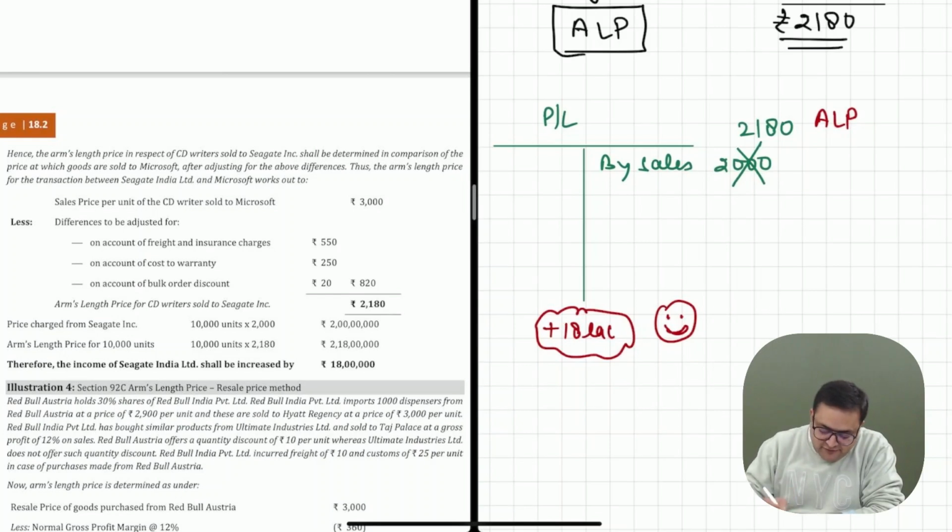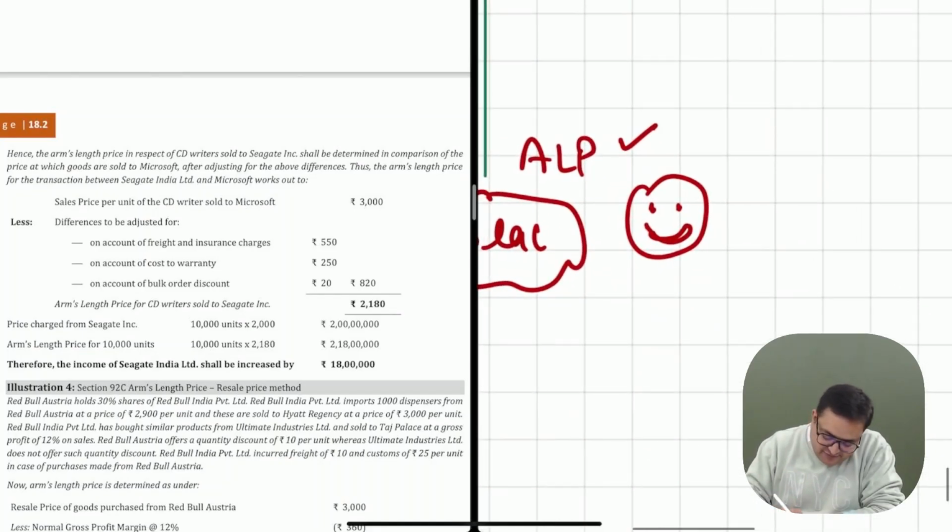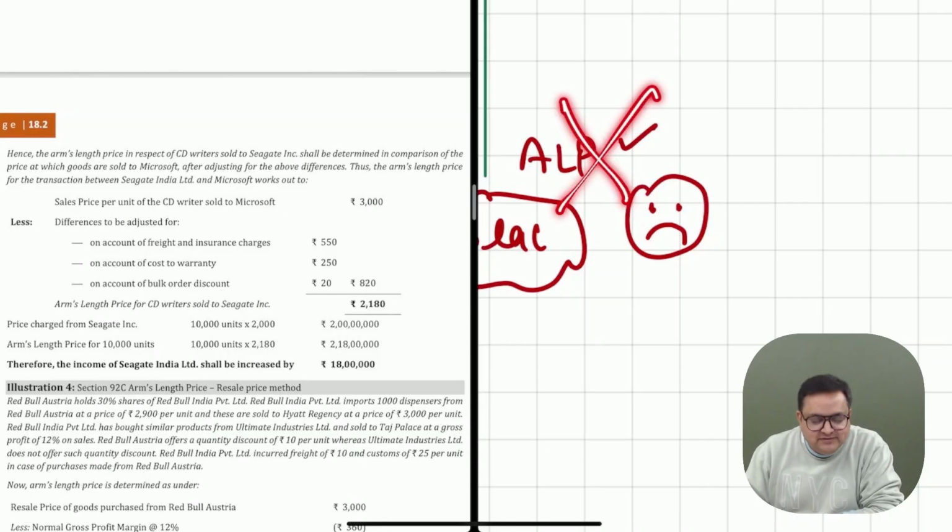But guys, please understand. If we have applied ALP and the government has become happy, then we will apply this ALP, so transfer pricing provisions will apply. But if the Indian government will not become happy by applying this TP provision, if the Indian government will become sad, then we will not apply the ALP provisions.